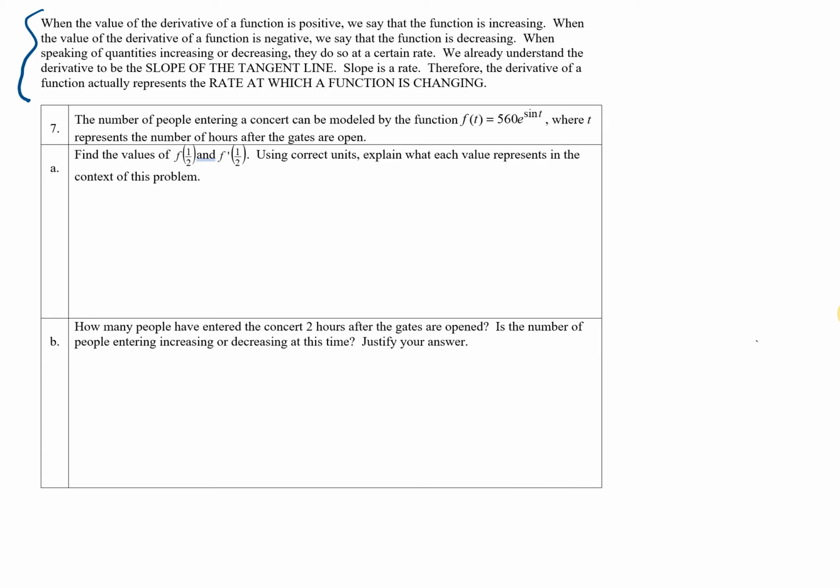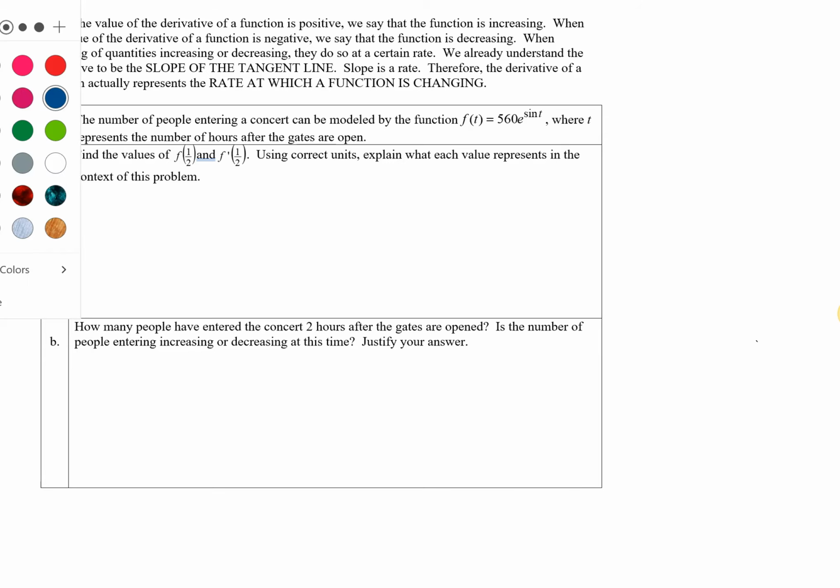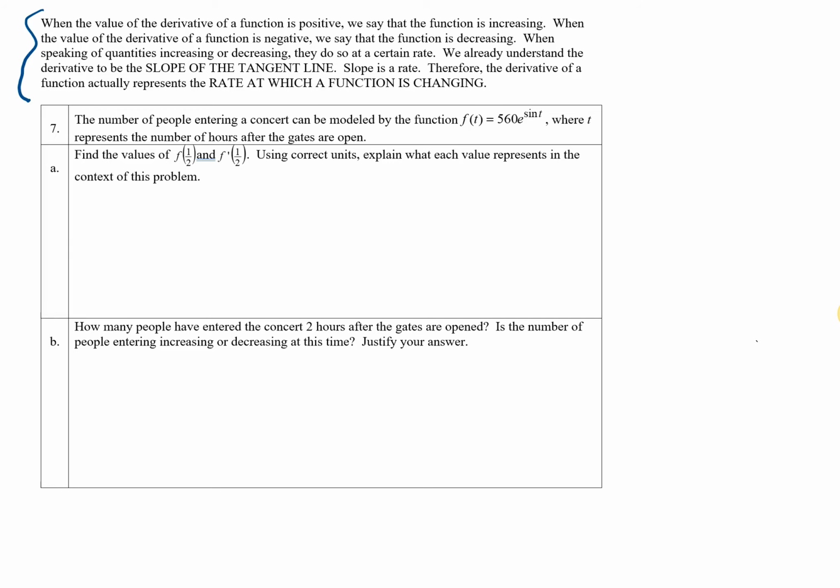So this isn't terribly difficult. f of 1/2 looks something like this: 560 e to the sine of 1/2.